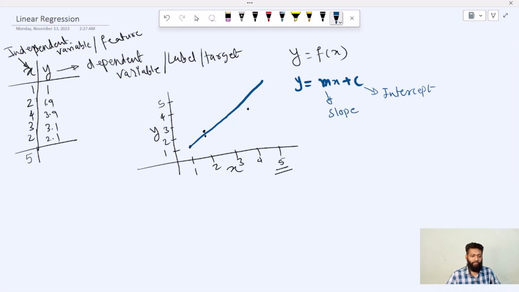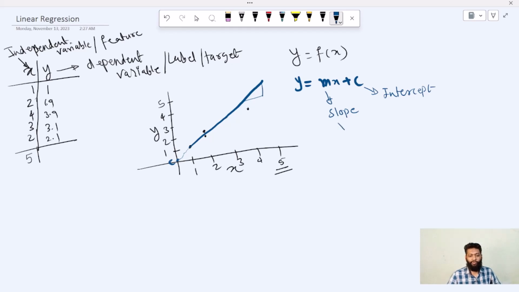Now what is intercept and what is slope? When we extend this line like this, wherever this line intersects the y axis, this point is called the intercept point, and the angle of that particular line is called the slope.